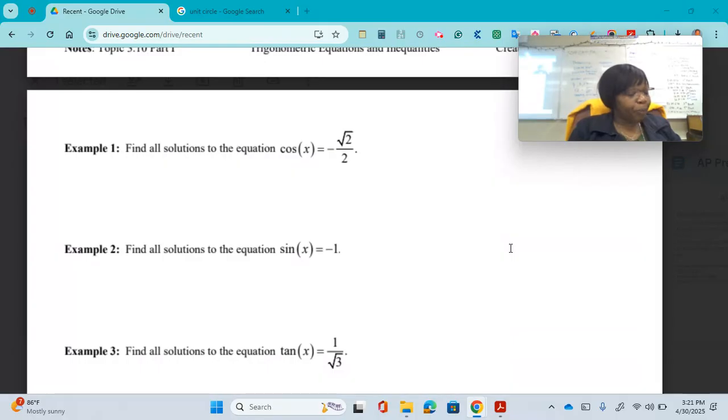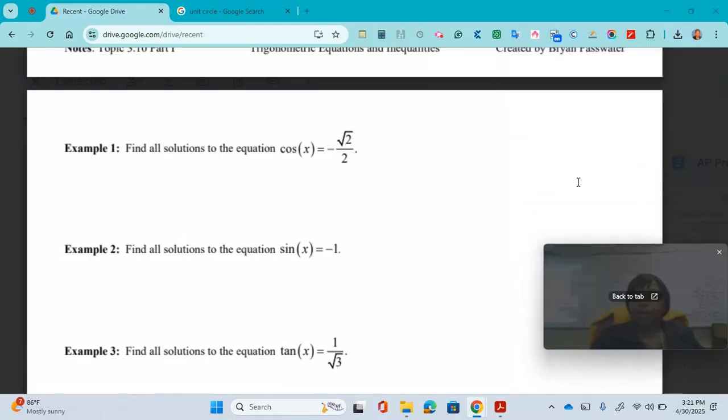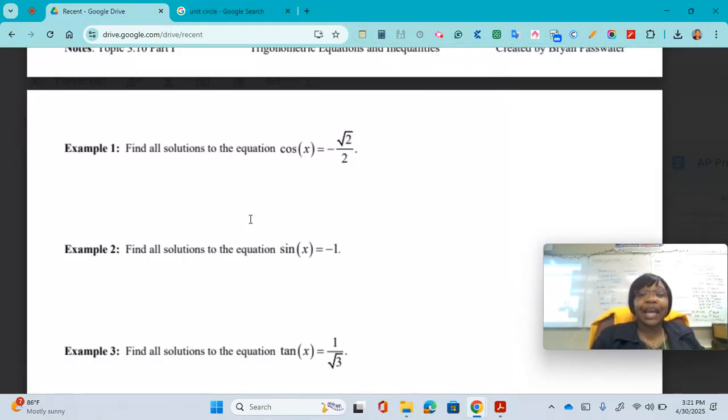Alrighty. So example 1, let's do some problems, some fun stuff, yay. Find all the solutions to the equation cosine of x equals negative square root 2 over 2. Cosine is my what function value? My x. So when is my x negative square root 2 over 2?